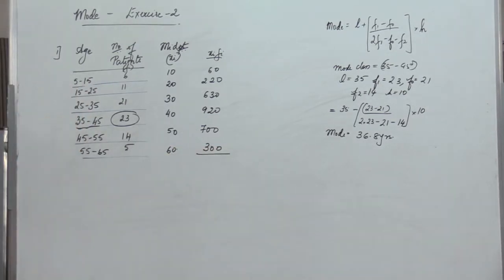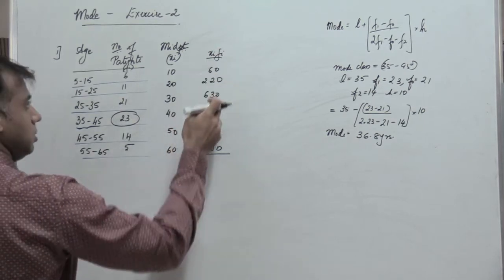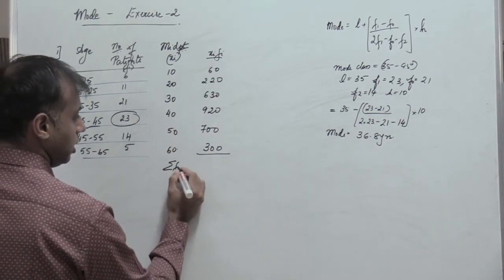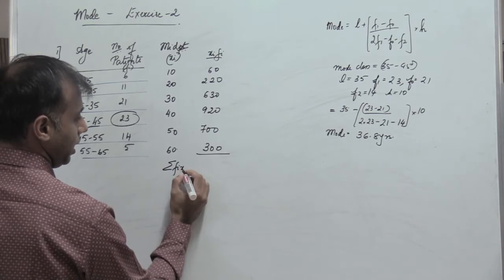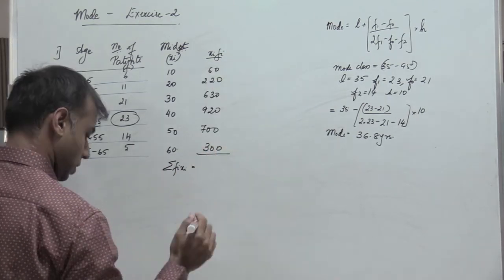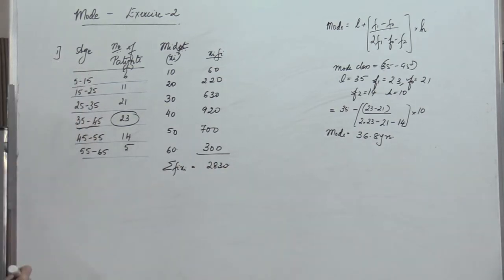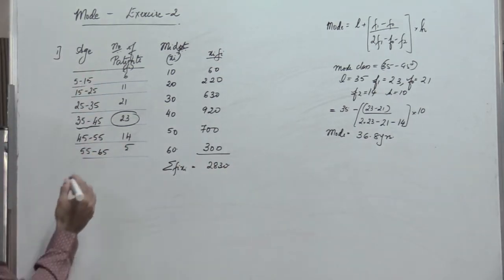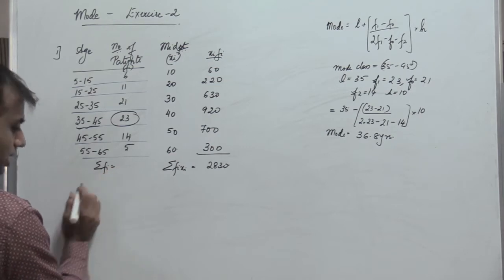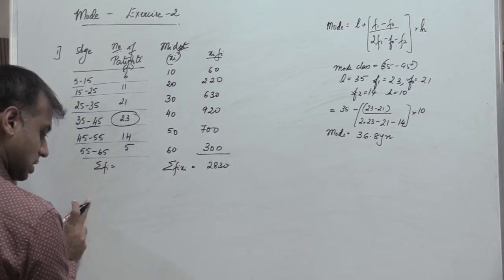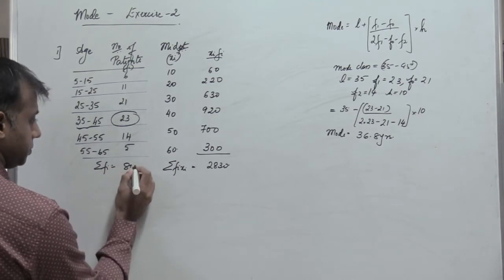So to find the mean, I need to find the sum, summation Fi xi. When I add up all of them, I get 2830. And when I add up the number of patients, summation Fi, the total number of patients is 80.